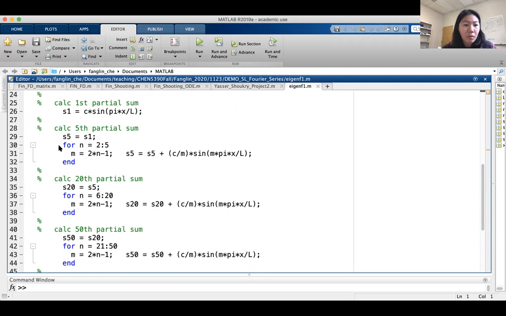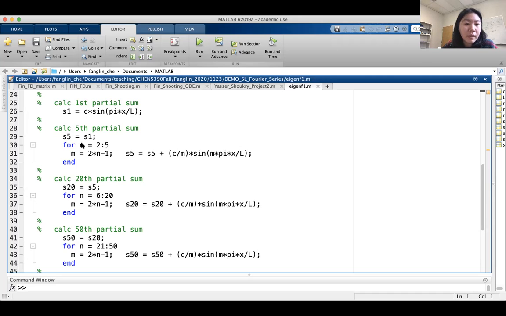So we will calculate different numbers of terms, trying to see how the behavior is related to the number of terms involved in the sum. We will calculate 5 terms, 20 terms, and 50 terms, and compare them to each other.